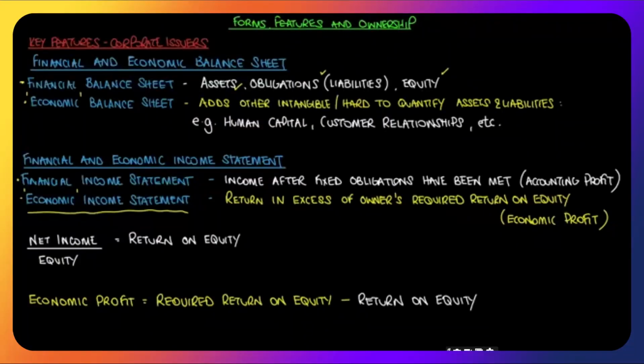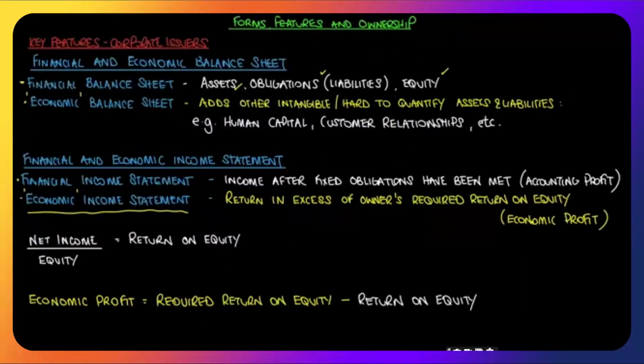But the economic balance sheet goes further. It adds in other intangible and hard to quantify assets and liabilities, which are also of value to the entity. For example, the human capital you have, what you've invested in human capital in your employees, the relationships you have with your customers, with your community, the internal and external governance you have going on. They're all valuable to the entity.